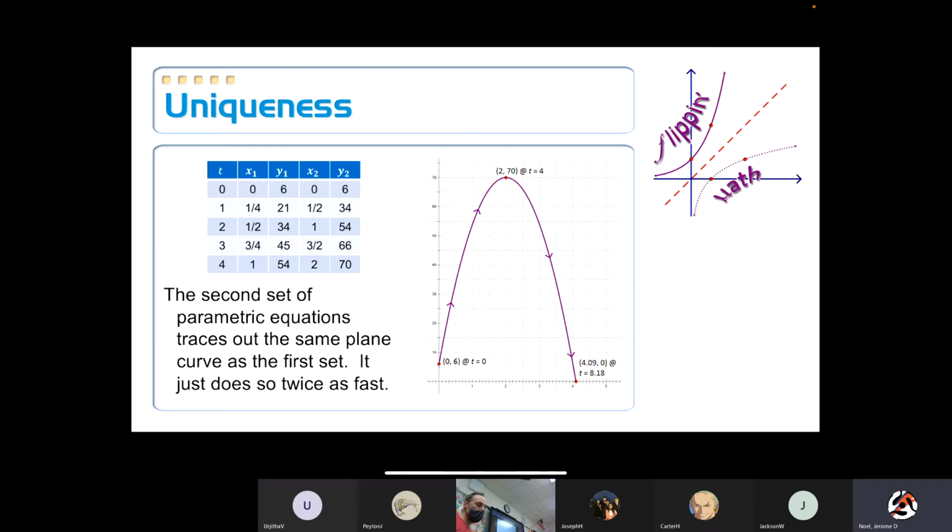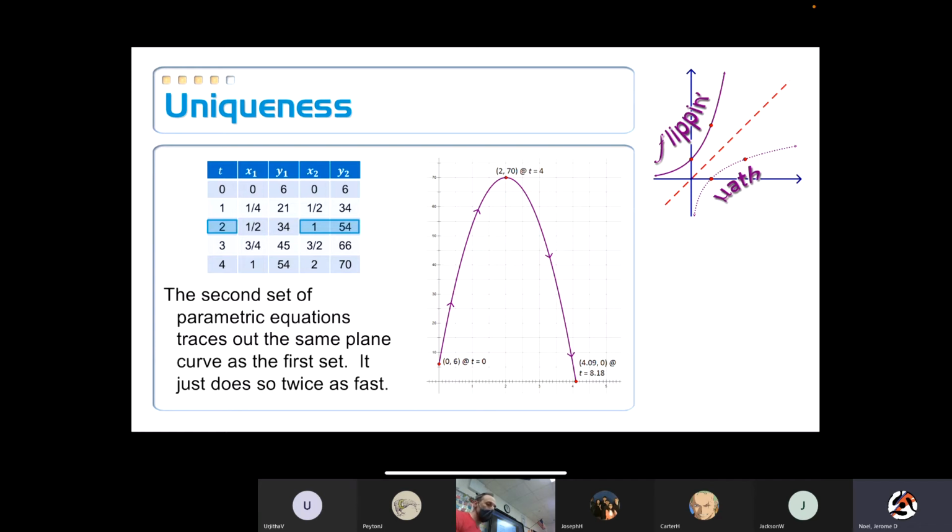And the nice thing about this, I put a table of values to compare them back to back. If you take a look at t equals 2 for the second one, the x coordinate happens at t over 2. And notice that that point 1, 54 is someplace else on this table. When does it happen?